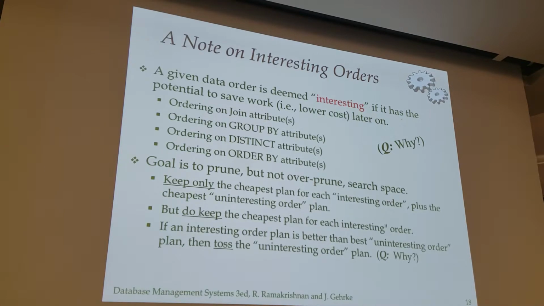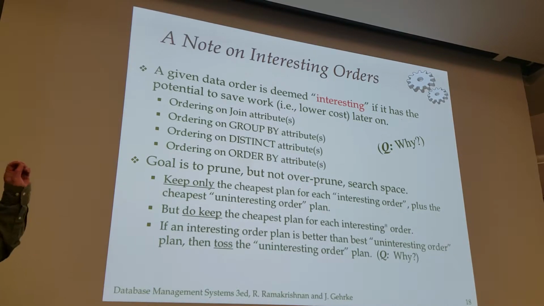If I access via an index, and I don't resort by page ID, I get my data in the order that the index came in. The data is ordered by the way that I got the data using the index. If I'm using an index on SID, my data is going to be sorted by SID. If I'm using an index on rating, my data is going to be ordered by rating.